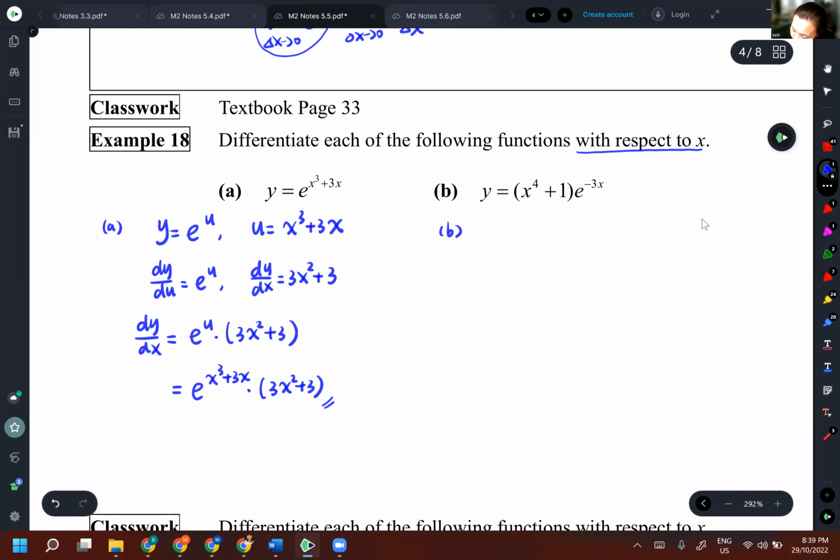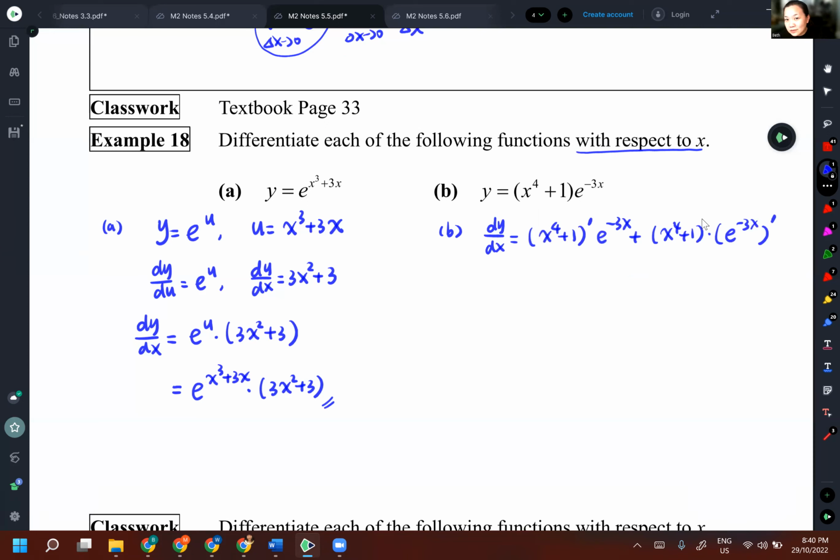Part B. This one, it's not so simple. I'm not going to use the u thing anymore. So dy/dx is product rule: derivative of this times this plus this times derivative of this.